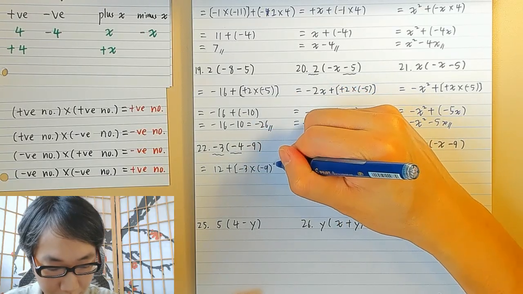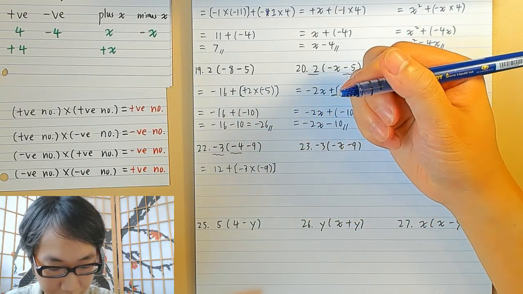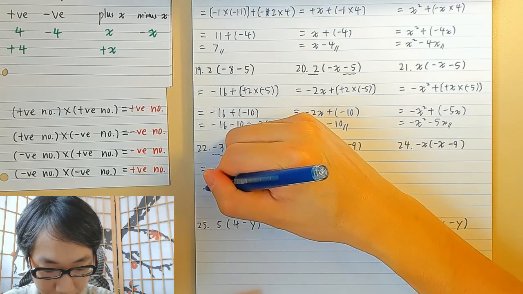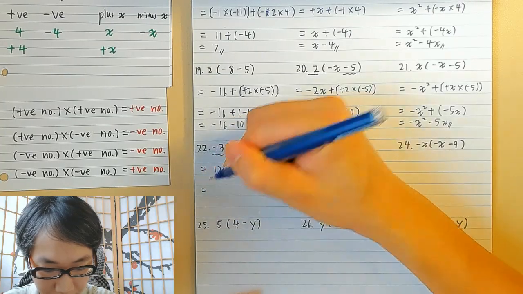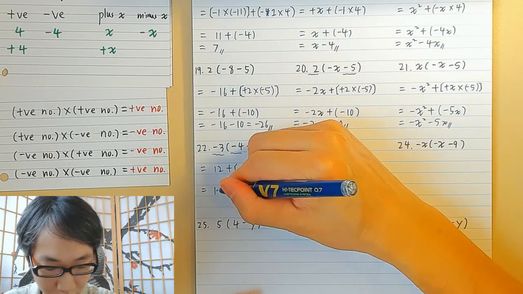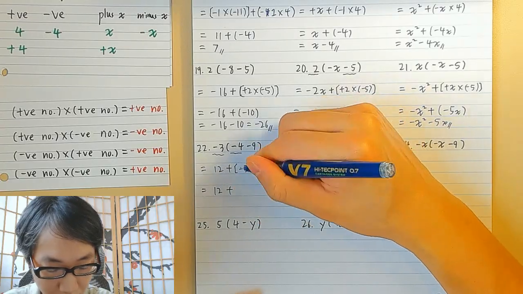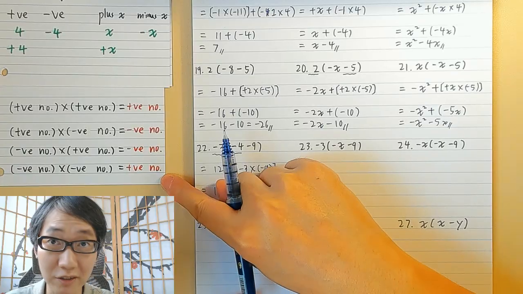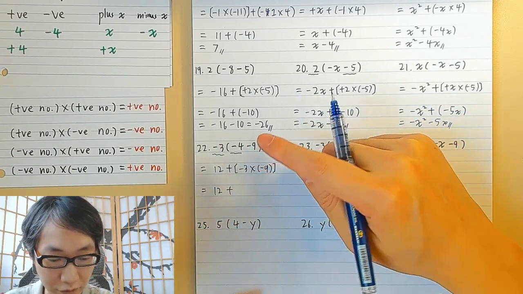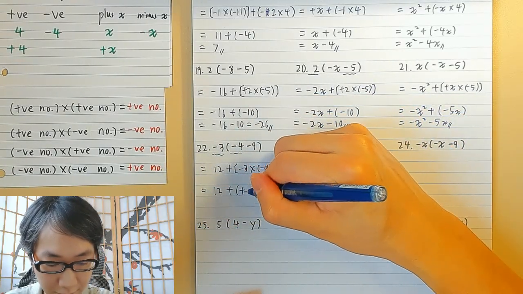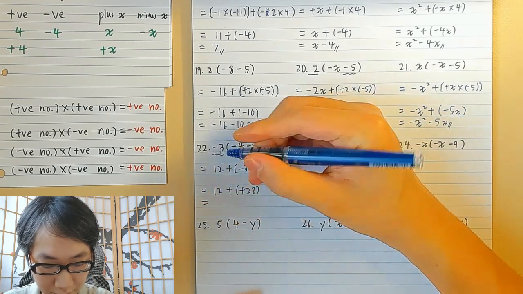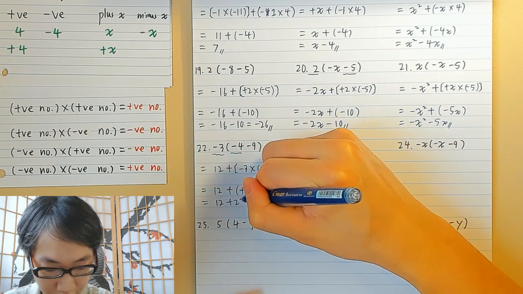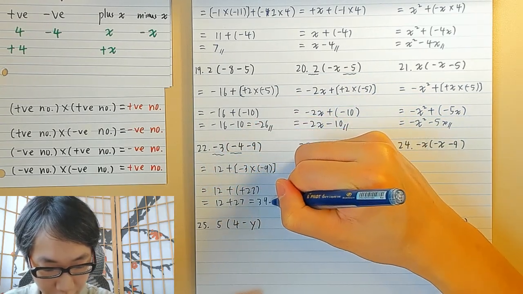So we equal to positive 12. In the mid bracket, negative 3 times negative 9 gives us a positive number of 27. That will be 39.